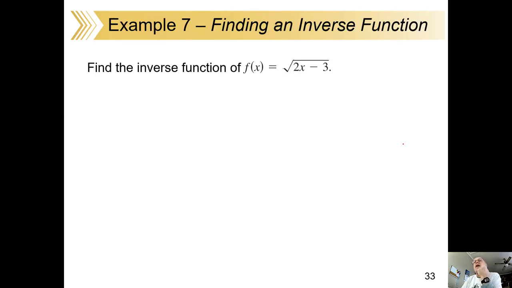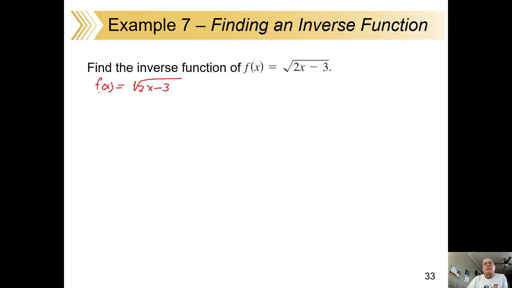So how do you find an inverse function? What if you've got a function and you need an inverse for whatever reason? How do you do it? So here we go. What we've got to start with, I'm just going to rewrite it, just as though you saw it in a book somewhere and you were starting on your paper.